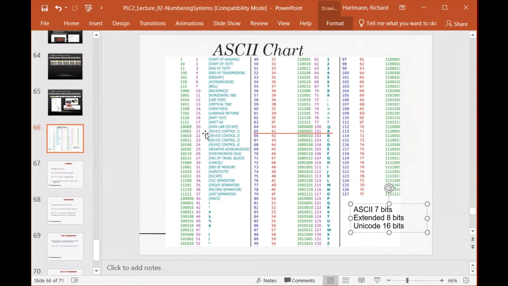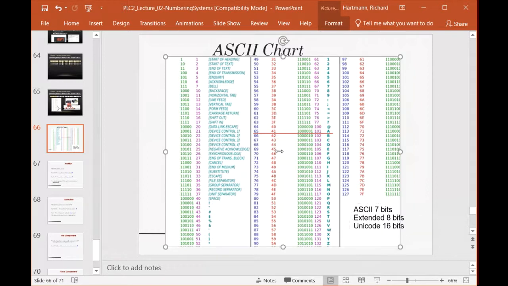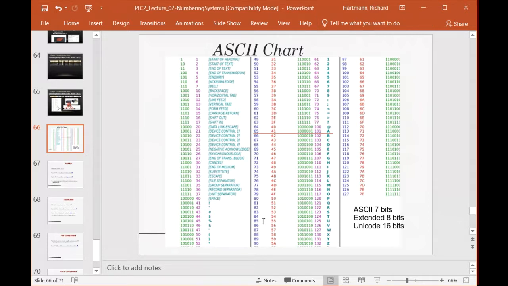Notice that what's highlighted, underlined here is the capital letter A. So the capital letter A is 1 value, but a lowercase a, I guess it didn't make the chart. The chart kind of got cut off here. But a lowercase a is a different value inside of this code.